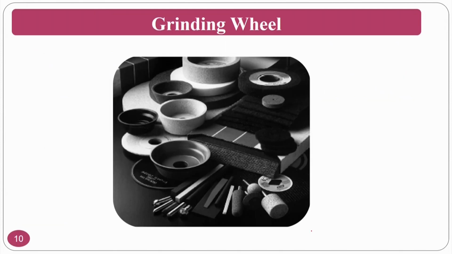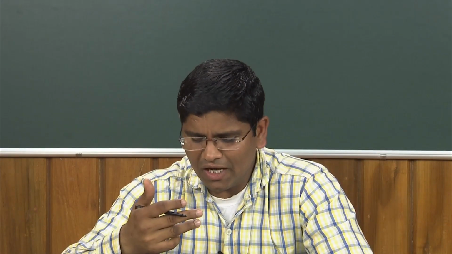Now we are moving into the grinding wheel, which is the most important part of our grinding process. There is a variety of grinding wheels: tool and cutter grinding wheel, surface grinding wheel, cylindrical grinding wheels, and many more. Depending on your requirement, there is a variety of grinding wheels.